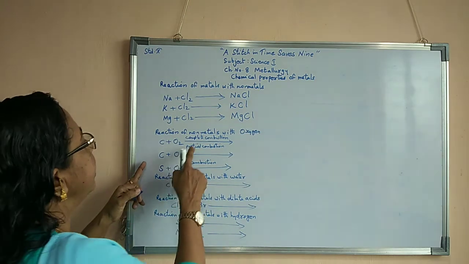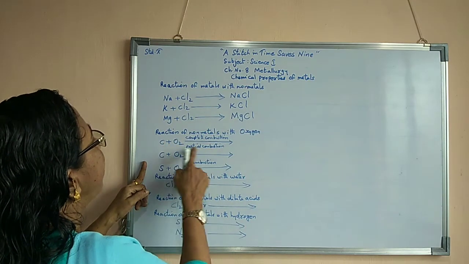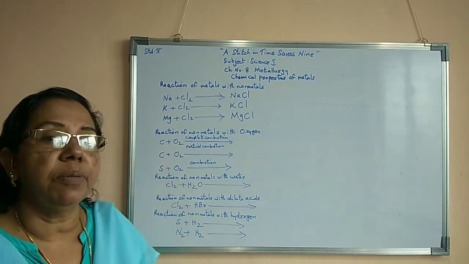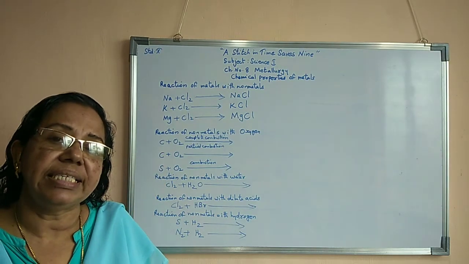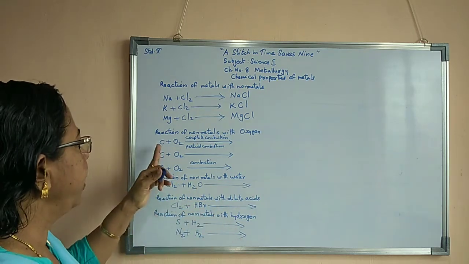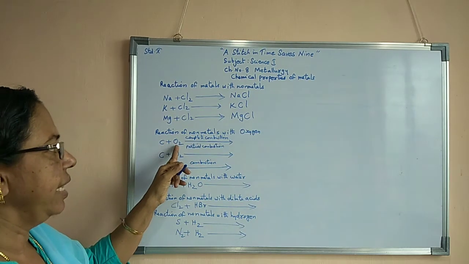So here we have complete combustion of carbon in oxygen. Here partial combustion of oxygen, which means the full burning process is not taking place. Combustion means burning. Now here full combustion, that is complete combustion of carbon in oxygen.